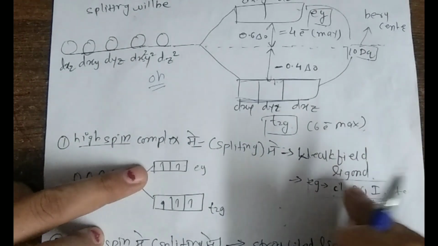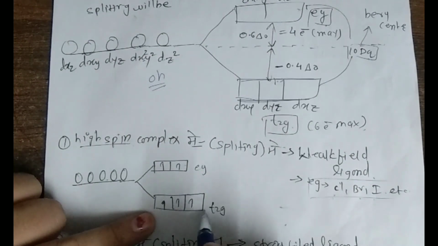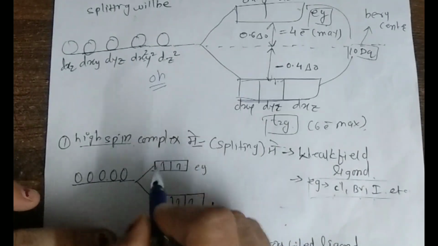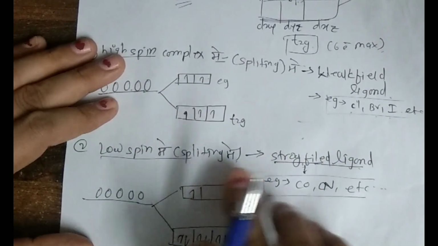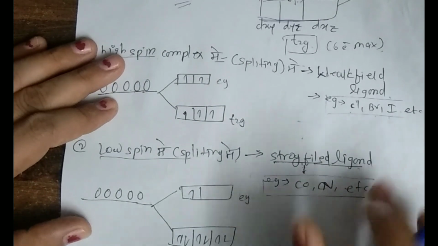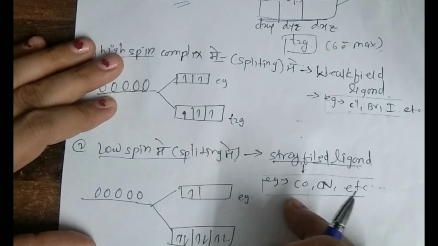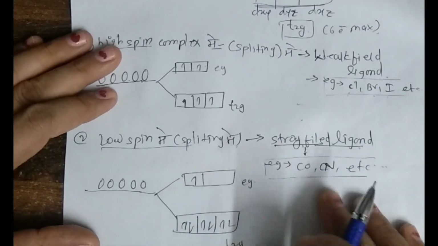The weak field ligand always forms the high spin splitting, in which first the T2g set of orbitals fills singly, after that the Eg set fills singly. In the next case, the low spin complex splitting happens with strong field ligands like carbonyl and cyanide, which are pi acceptor ligands. So they strongly form a bond with the electrons.